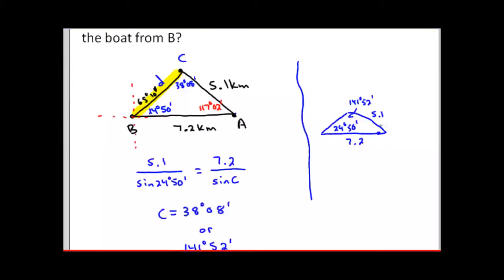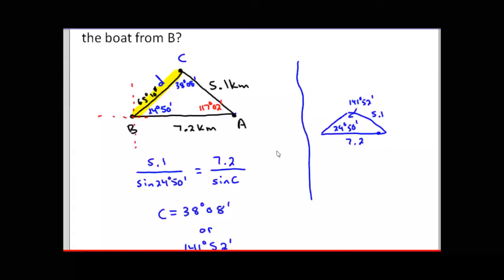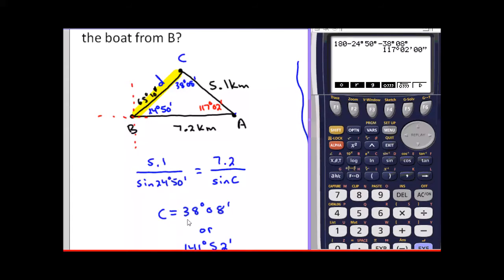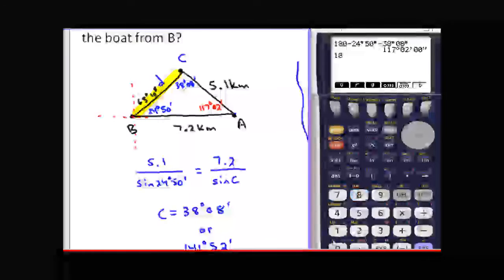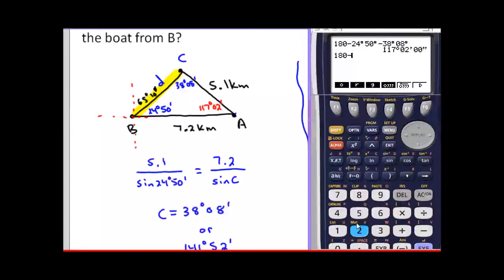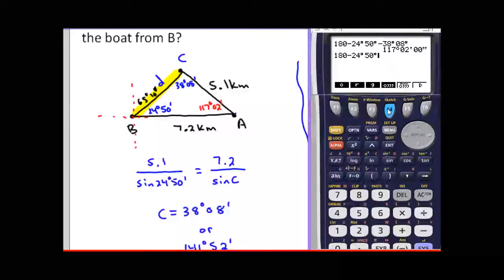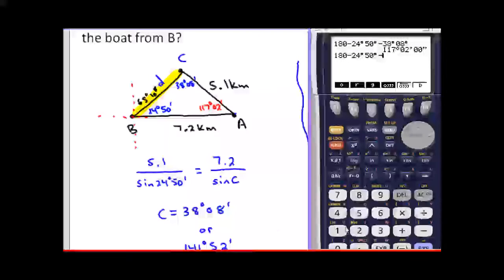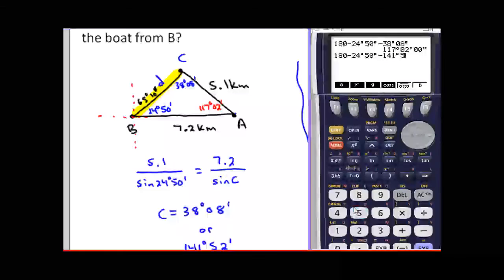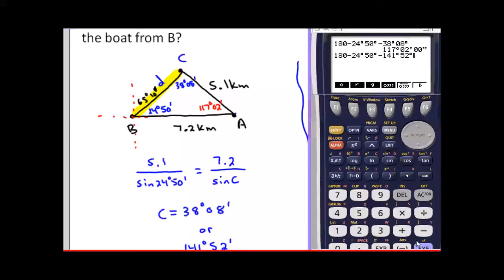So now in this one right here, this angle right here is going to be 180 minus the 24 degrees, 50 minutes that we had. But then minus the other angle would be 141 degrees, 52 minutes.